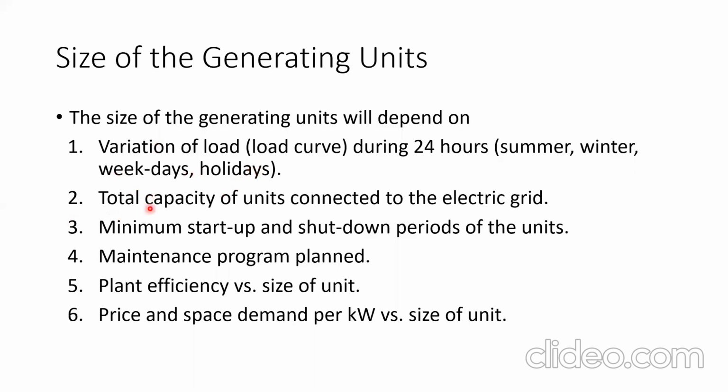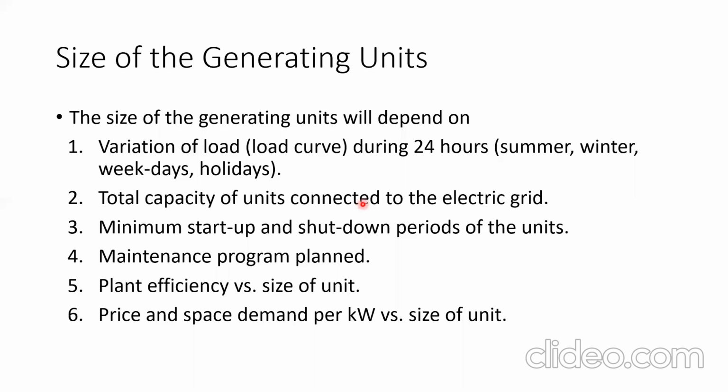The second is the total capacity of units connected to the electric grid. For example, in Maharashtra the main power generating units are in Chandrapur, which are coal-based power plants, or in Parli.